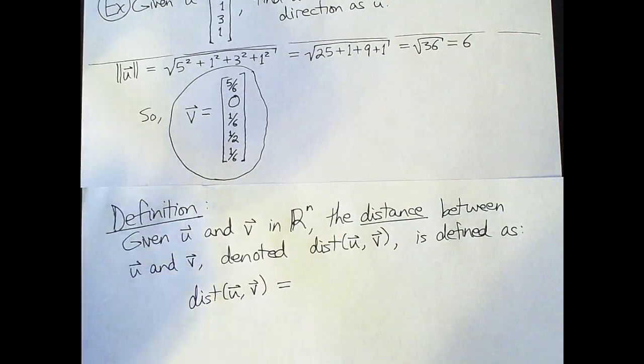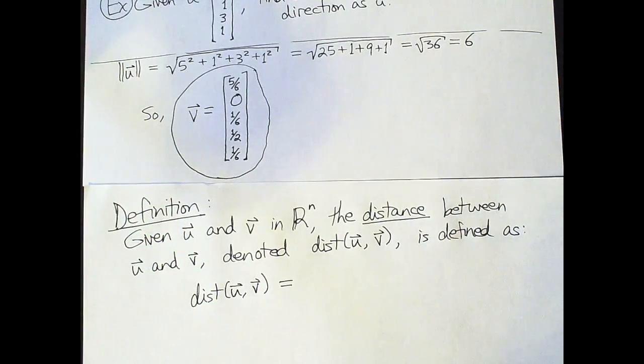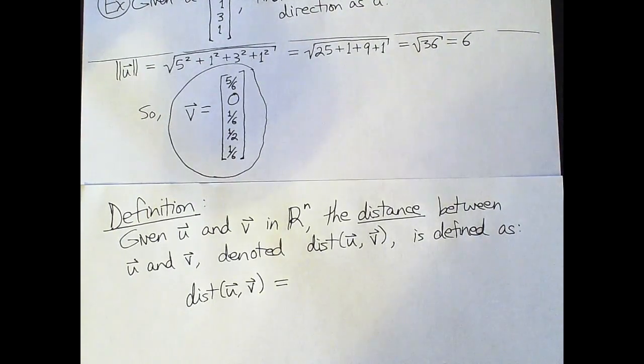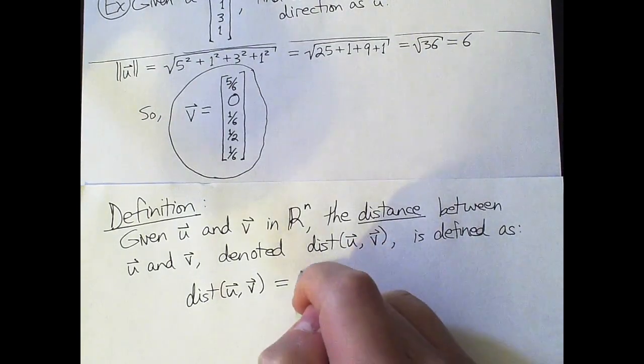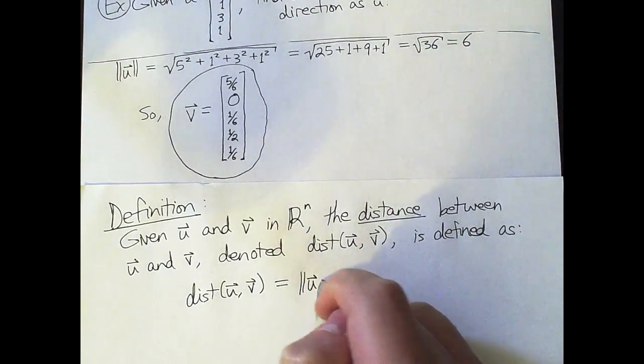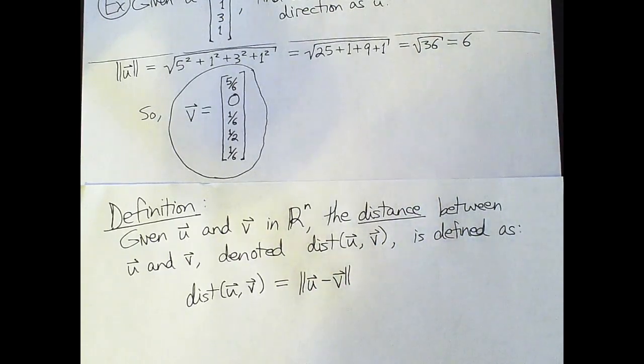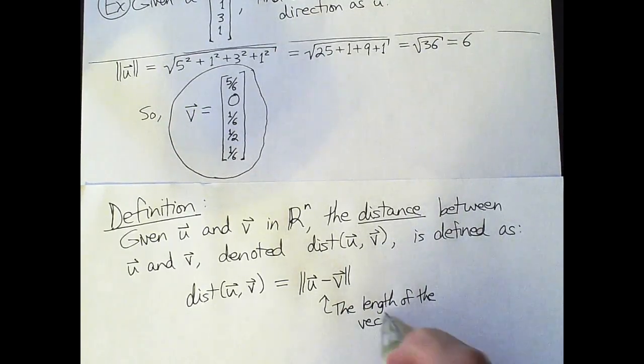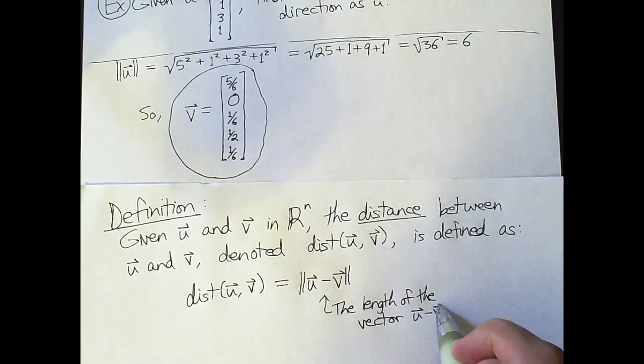We have a simple formula for this. Whatever we come up with, we want it to match our conventional concept of distance. But we can also use the norm. So it turns out you just do the norm of u minus v. What we mean is this is the length of the vector u minus v. So you take one vector, subtract the other one, and then you find the length. So it's really not bad.